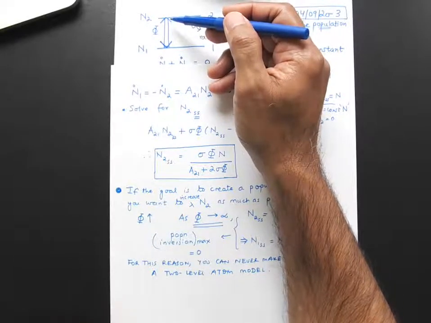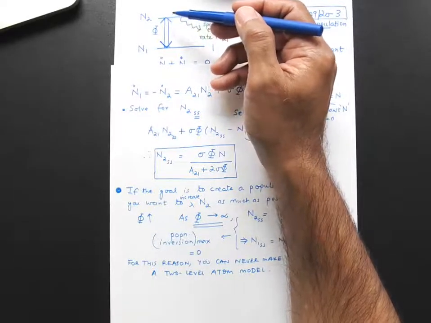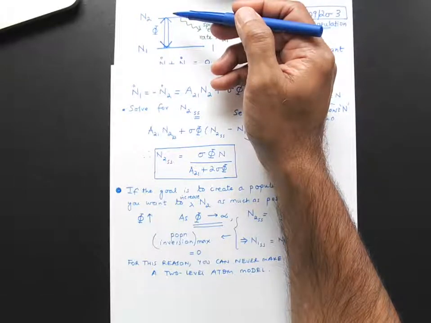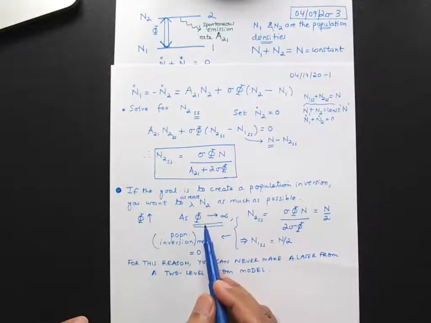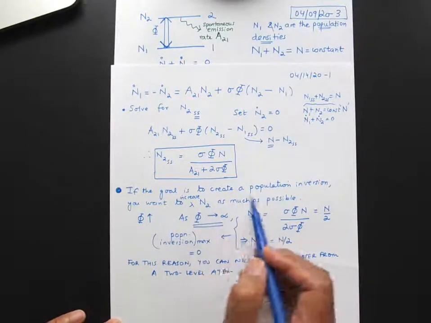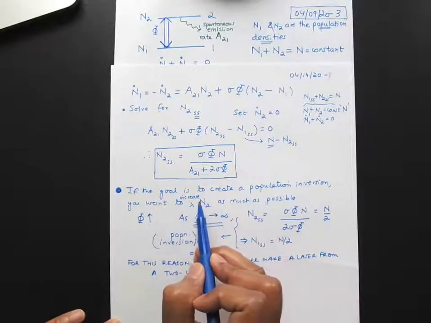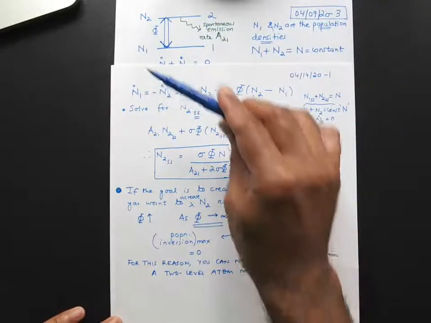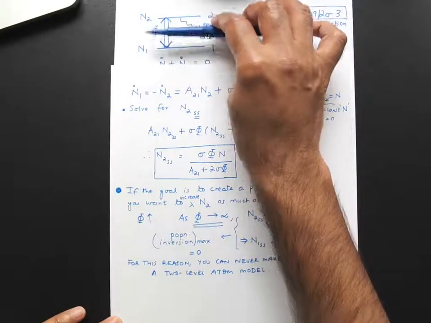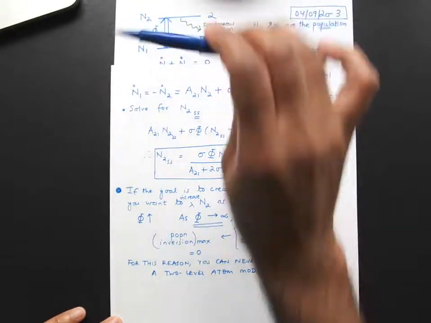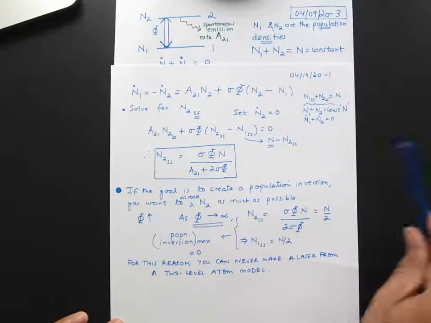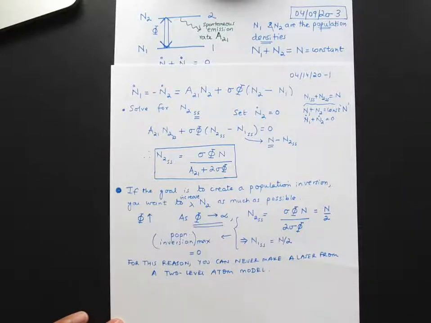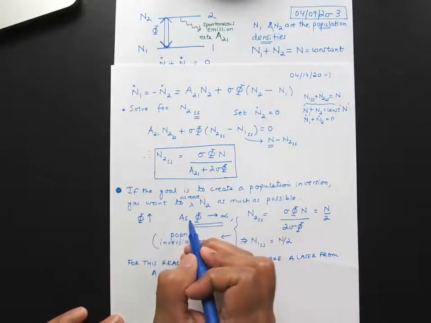Why can you assume the flux is infinity? Oh, that is me trying to increase the population in level 2 as much as possible by providing the incident photon flux. So in the case of max, when you get as much as possible, yes, then you treat it as very large.